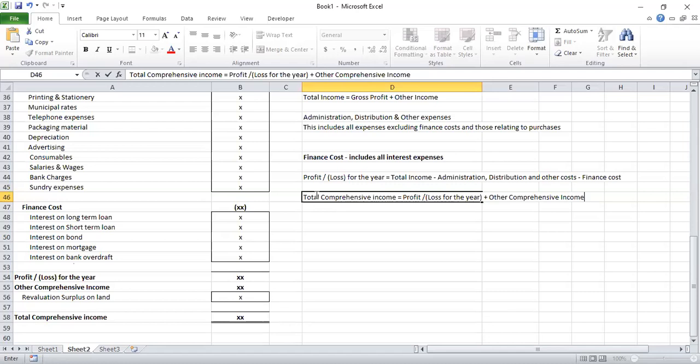So that will be the end of our preparation of the statement of profit or loss.